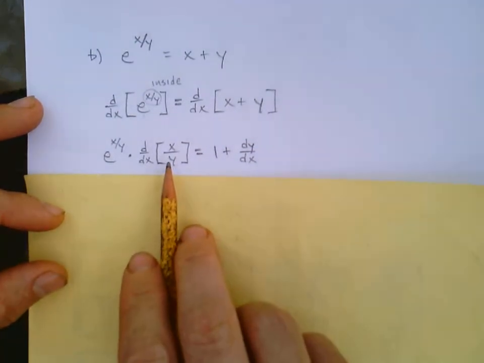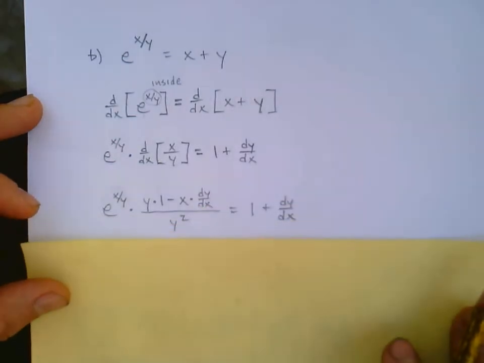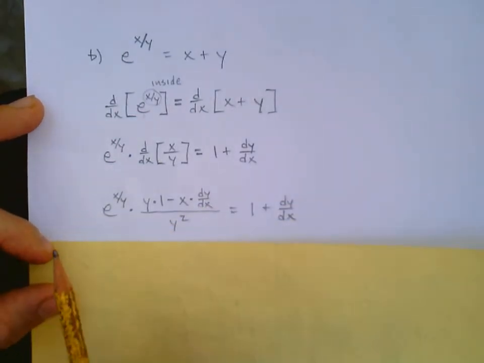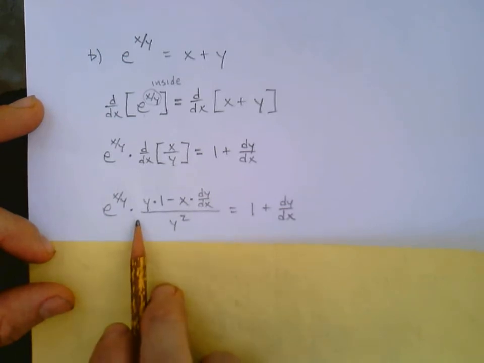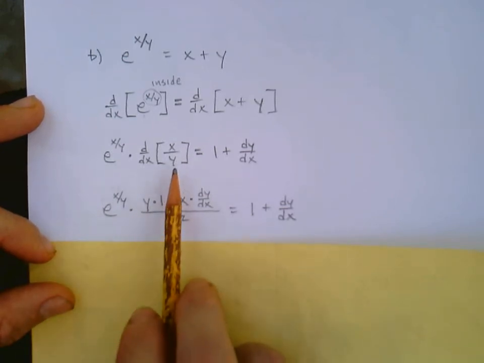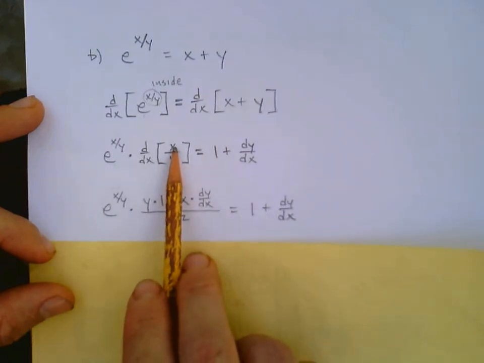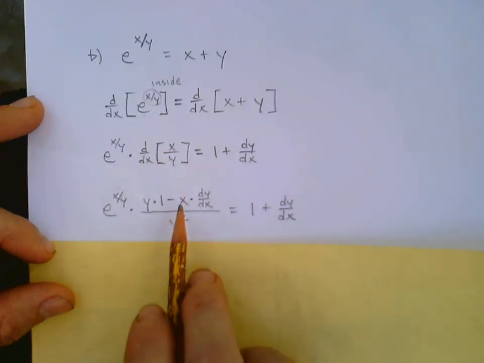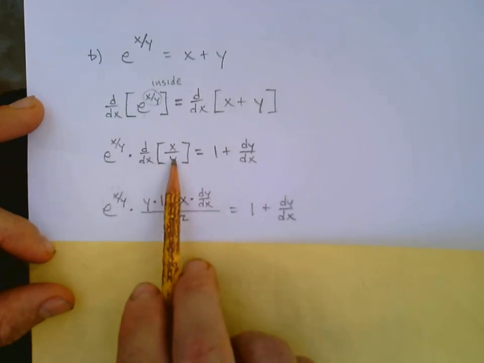Okay, let's go ahead and knock out that quotient rule. Here it comes. So I've got my e to the x over y times, and the quotient rule says low, just copy, times d high is 1, minus high times d low.